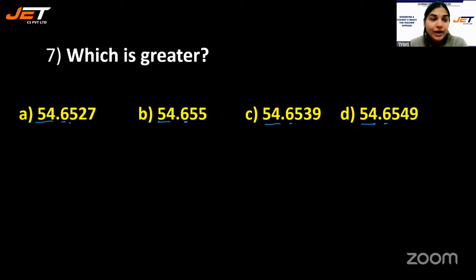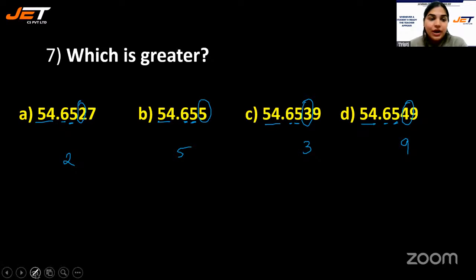Now check hundredths: 5, 5, 5, 5. Again, all are the same. Now the thousandths place: 2, 5, 3, 4. Here we have different numbers.